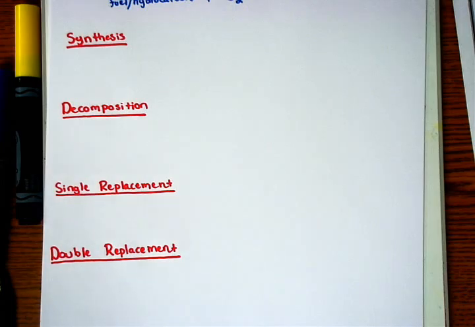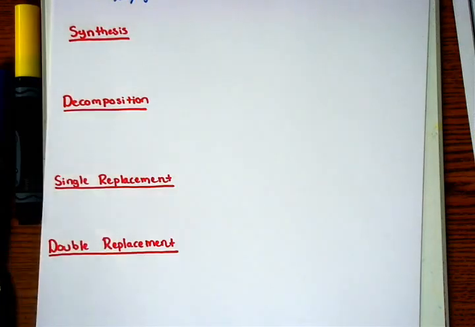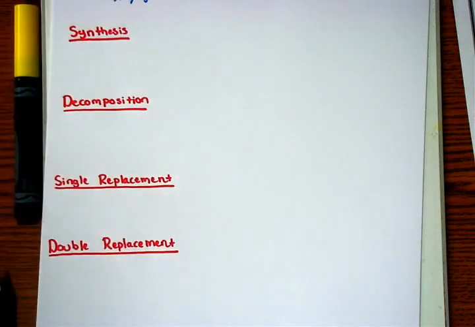Good? On tonight's homework, you're going to be balancing reactions, something you've been doing for about a week and a half now, and you're going to be writing down what type of reaction you have. 1, 2, 3, 4, 5. Let's look at a synthesis example.